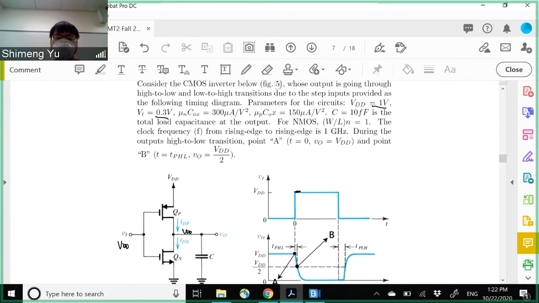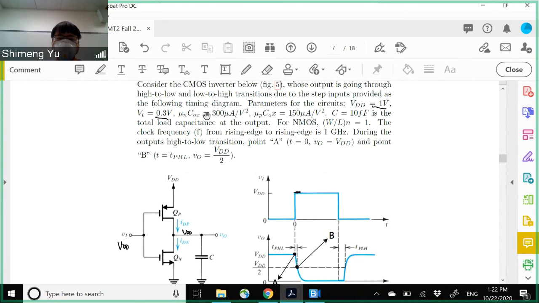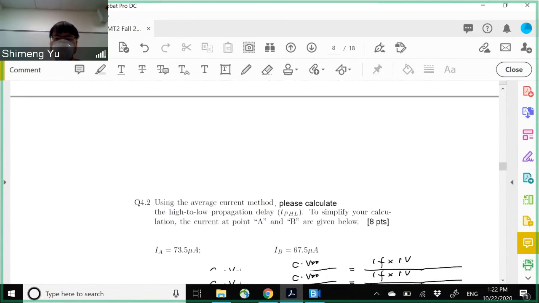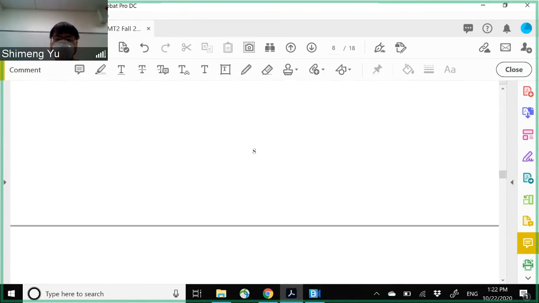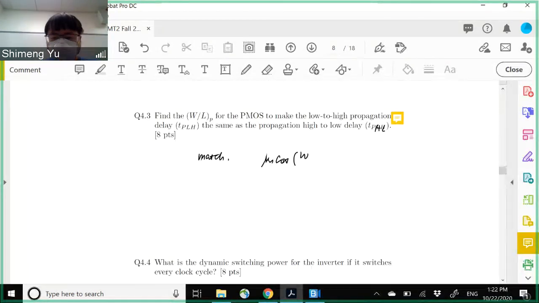Then it's straightforward. The match condition, you see the mu n and mu p here is given, the ratio. Match condition is this one, the same as this PMOS. So this one I think is 300 from the question.